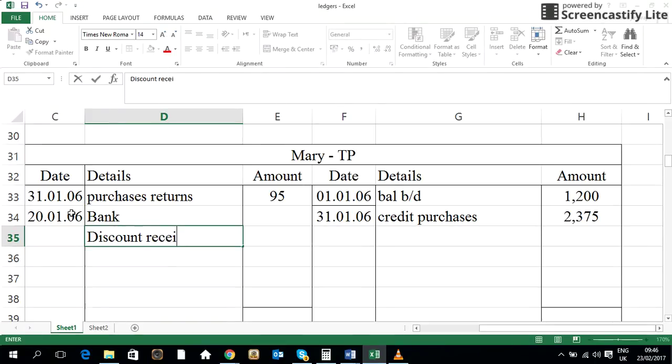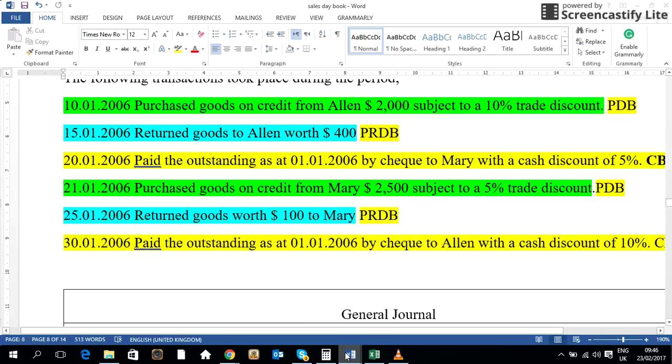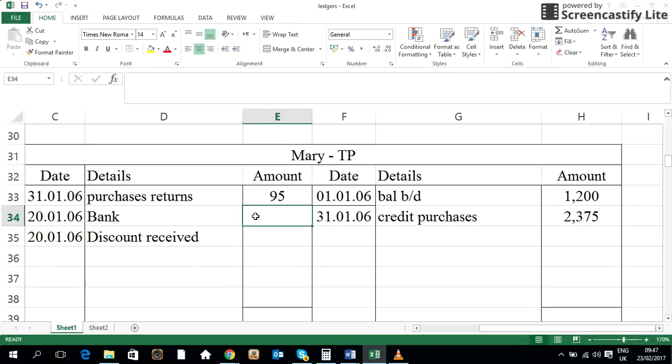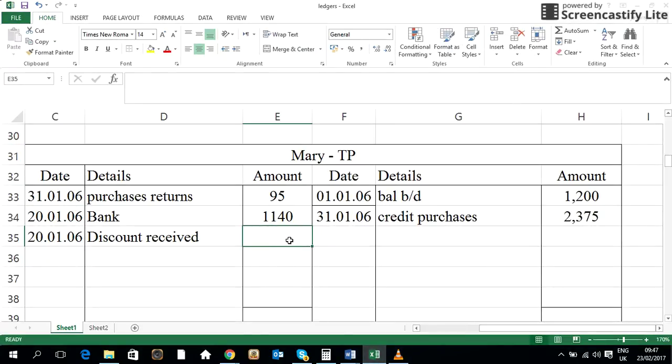So discounts received. Same date for discount received. And the amount of check that you pay would be 1,140. So you debit the bank, you debit the Mary's account, the detail column bank as 1,140. And then the discount received was only 60. So you write here 60.